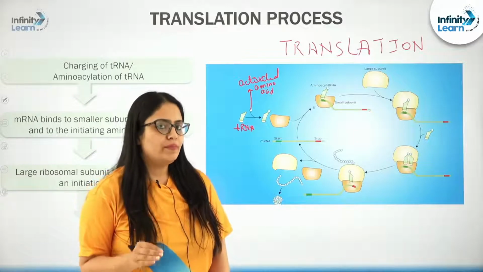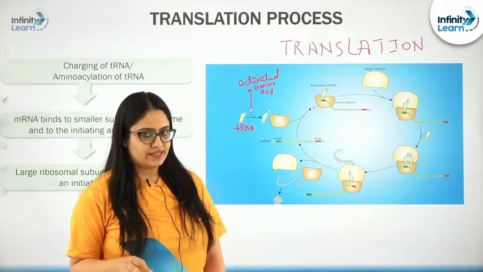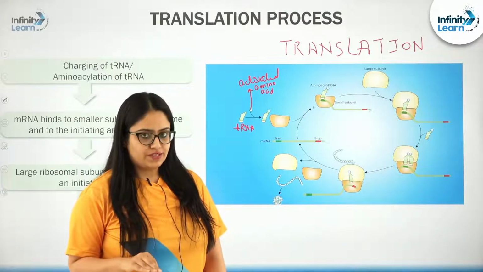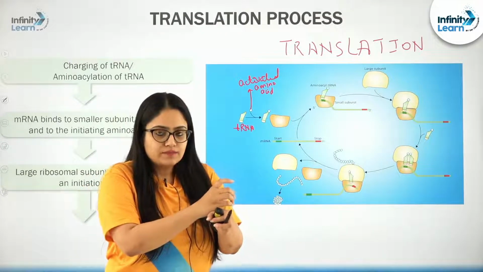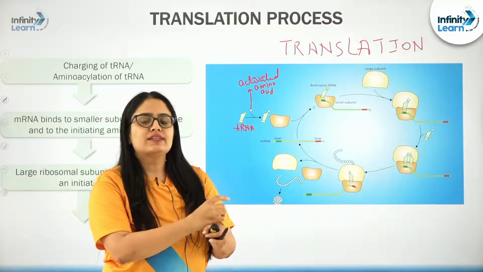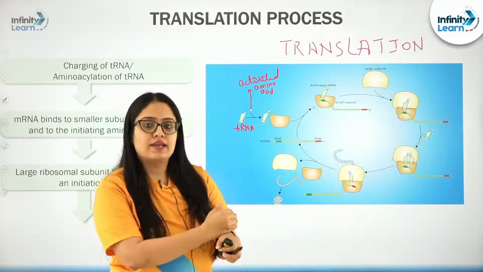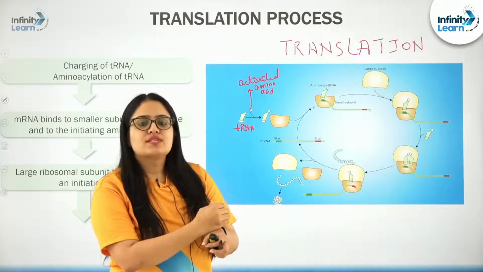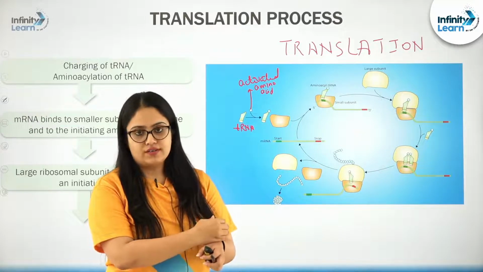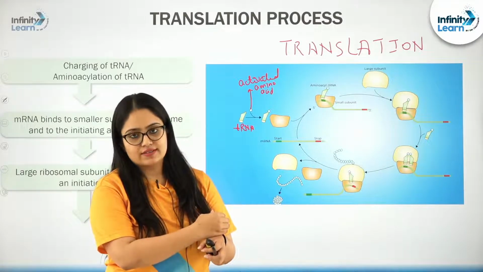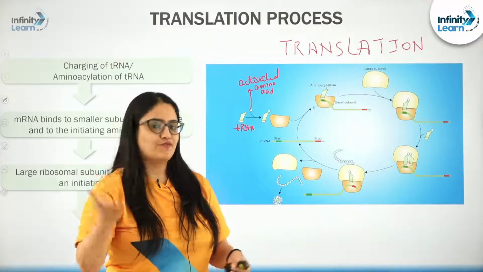In the initial phase only, amino acids will be activated in presence of ATP, and such an activated amino acid when it binds covalently to its cognate or related tRNA, that process is known as aminoacylation of tRNA, or that process is known as charging of tRNA. I repeat myself students for your benefit, okay.